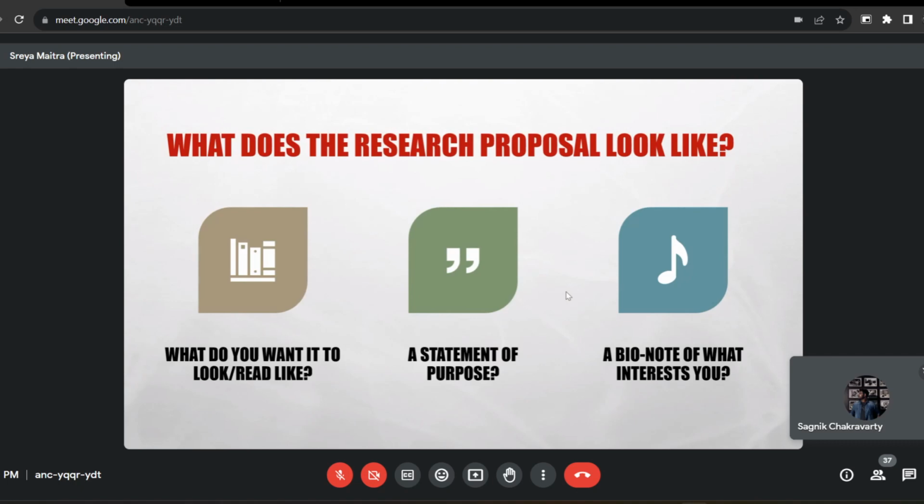I can find the idea of a new train like Vande Bharat being flagged off in India fascinating. And my statement of purpose would only say that I'm interested in understanding the dynamics of Vande Bharat. What is the connectivity? How was it conceptualized? Why was it conceptualized in this way?